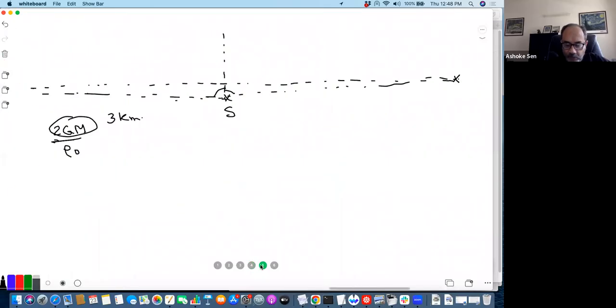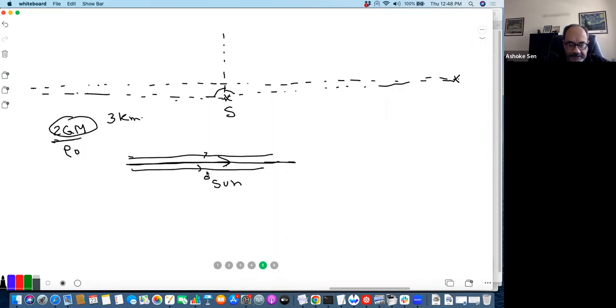So the picture is the following. There is a ray of light coming like this. Here is the sun. Think of this as a parallel ray of light coming like this. This is the sun.